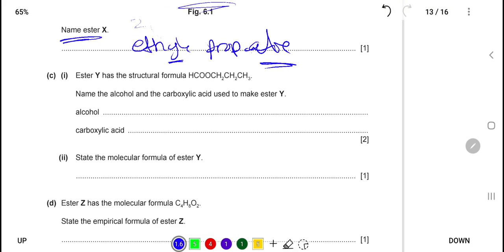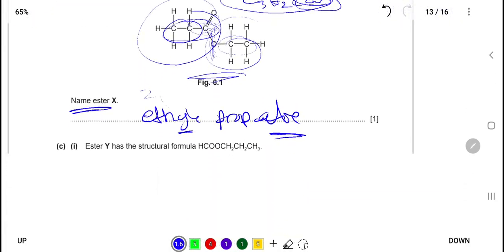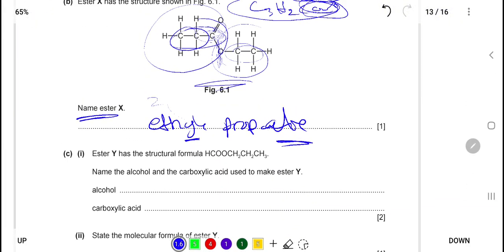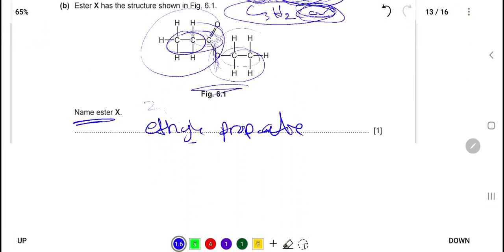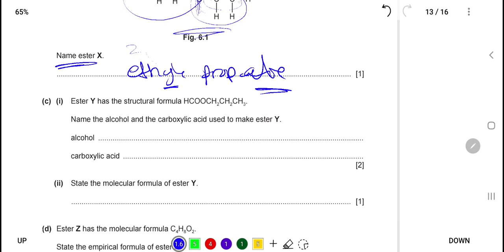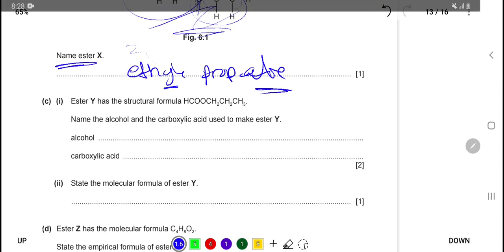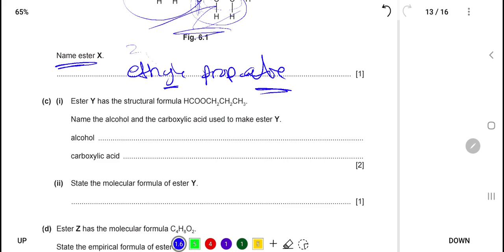Now see, I named the alcohol and carboxylic acid to make ester Y. Not this one, you're talking about this one. So we look after this, and it looks like this.